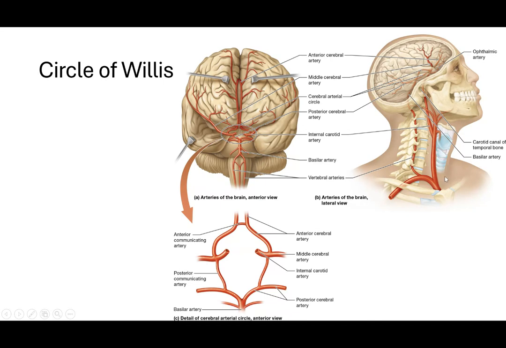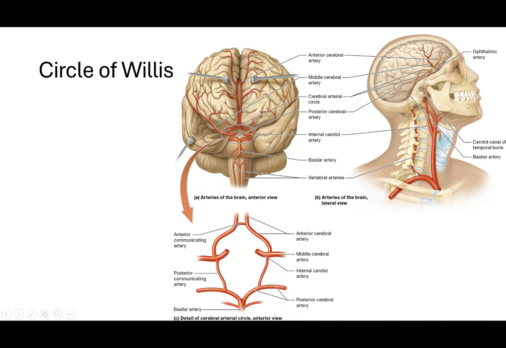All right, so going back to the neck, we can see the vertebral coming off. The vertebral is a little bit more lateral compared to the common carotid branch off of the brachiocephalic trunk, right? Because then it's the subclavian, and the vertebral is a branch off the subclavian.